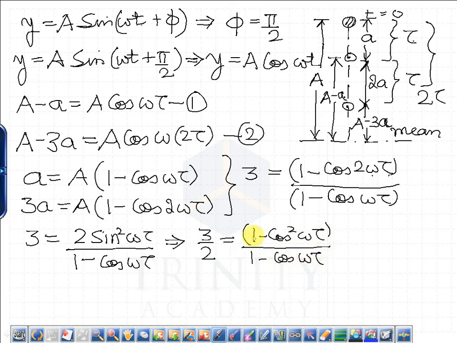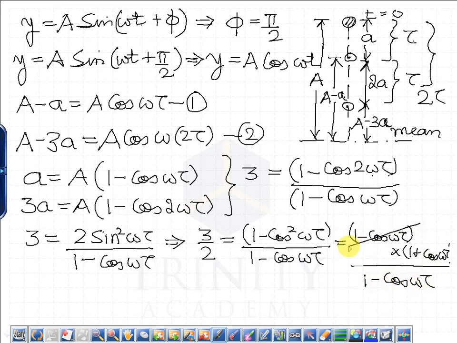It appears in the form of a square minus b square. So it can also be written as 1 minus cos omega tau into 1 plus cos omega tau divided by 1 minus cos omega tau. This term will get cancelled out.